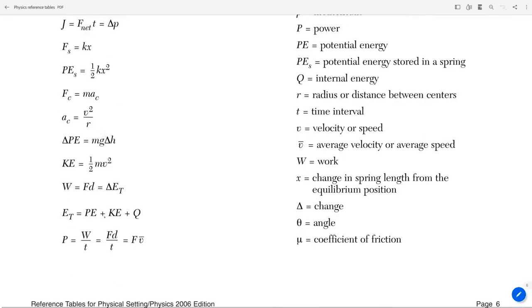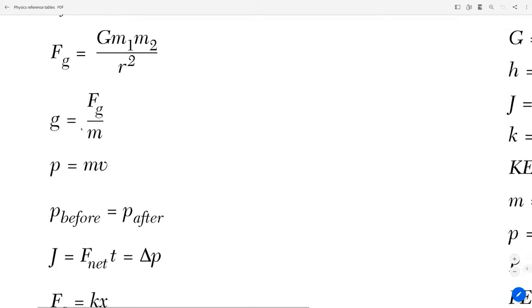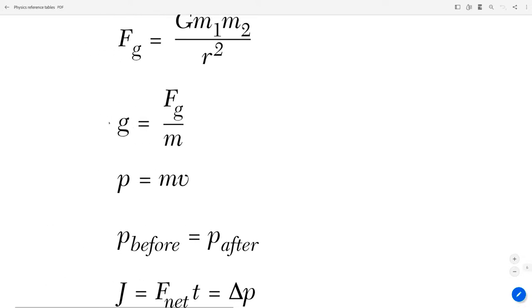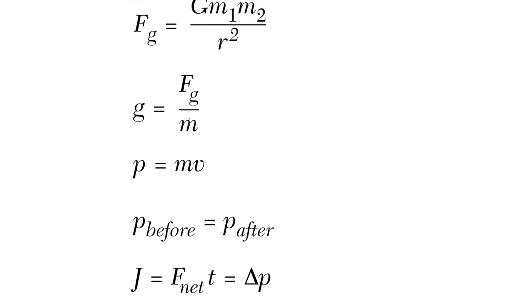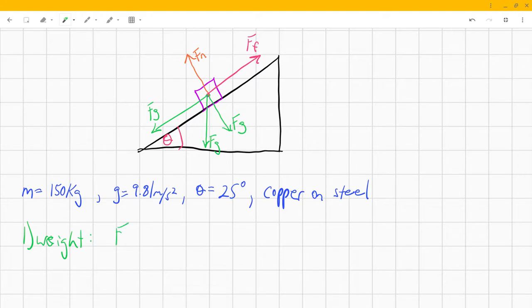Or I shouldn't say gravity, it's gravitational field strength. But remember this equation right here, g equals Fg over m. Remember, Fg is weight. So if we just do gravity times mass, we get weight. Okay, so easy peasy. Let's do it.